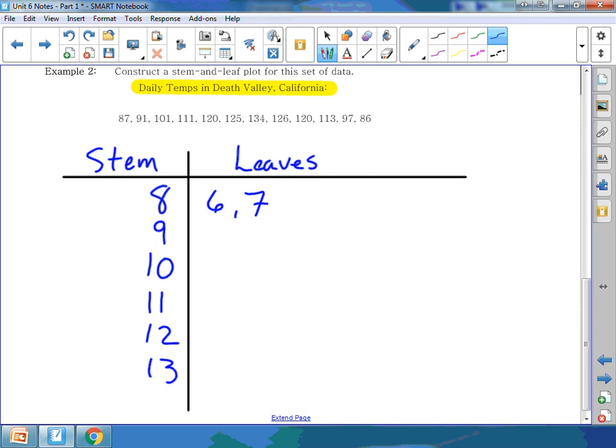And I like to put commas between mine just to help me separate. It's not necessary, but I think it helps. And I always cross them off as I do them. So cross them off from your list so you don't duplicate and you don't forget. And then just fill in the rest of these numbers as you go through.